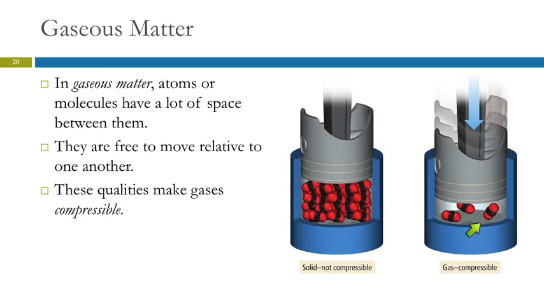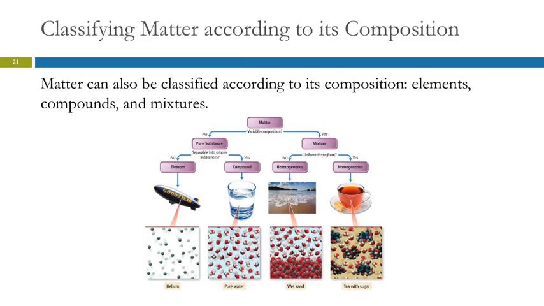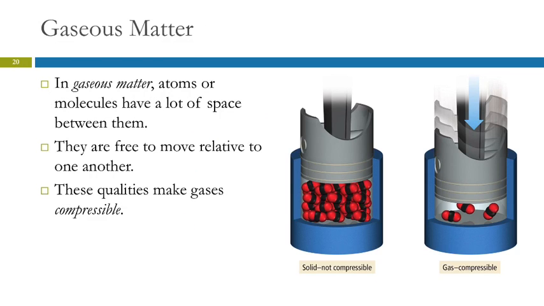In a gas, because there's a lot of empty space, if you put pressure on the gas, you can cause those particles to squeeze in closer together. So gases are compressible. There's a couple things I think are missing from this.